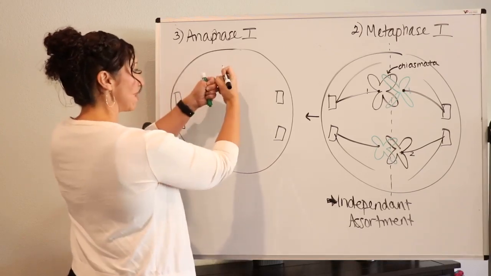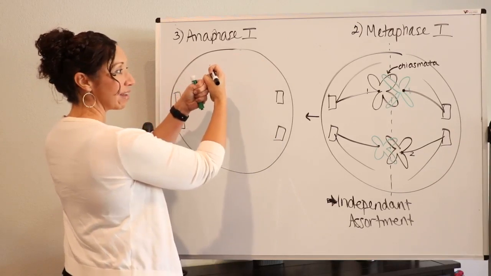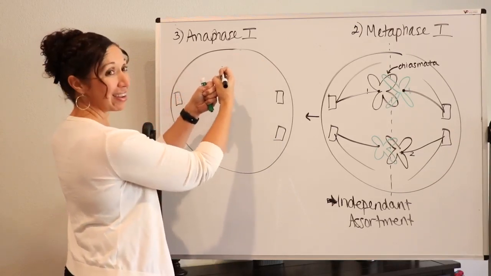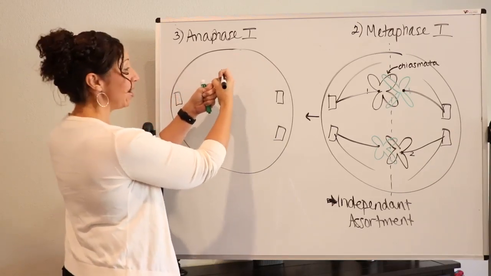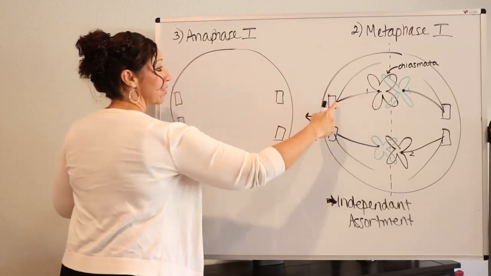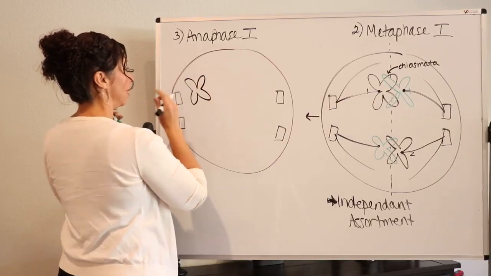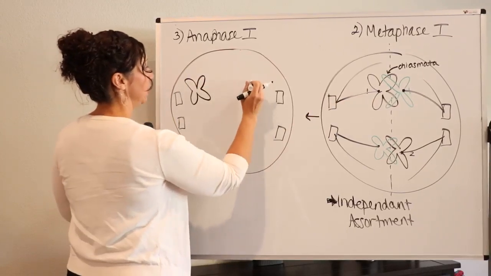So once the tetrads split, the non-identical sister chromatids are going to start migrating to the poles. So this black one is going to come over here and this green one is going to come over here.